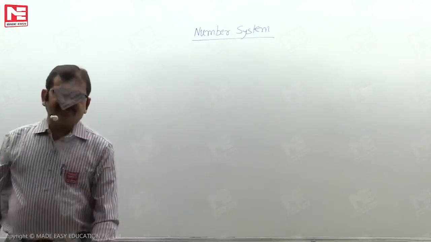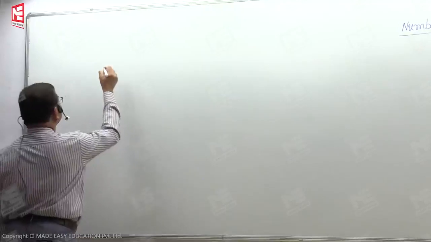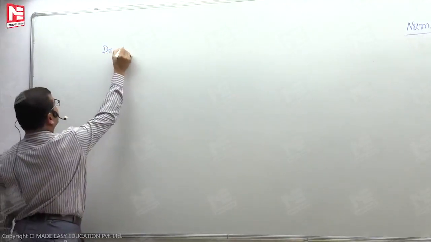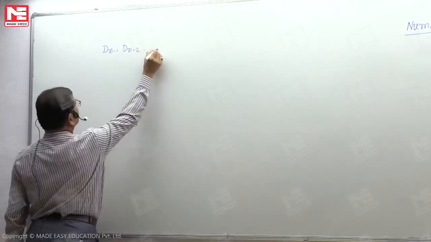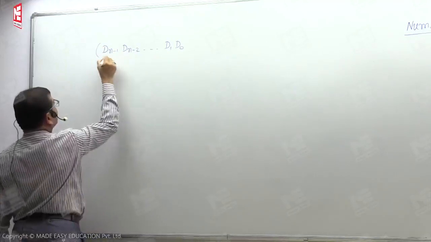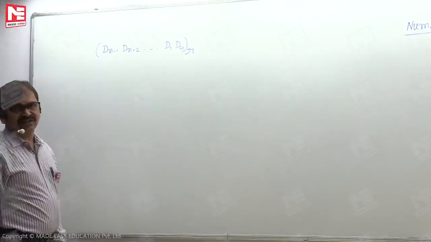Suppose consider we are having a number with digits d_{n-1}, d_{n-2}, and so on, d1, d0, with the base, the radix as r.